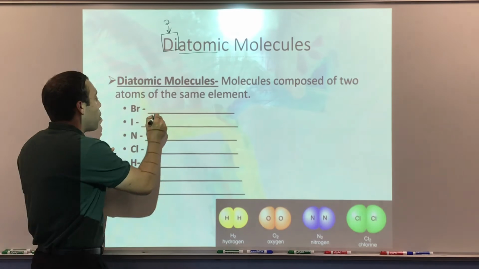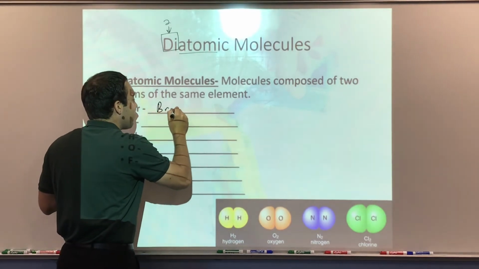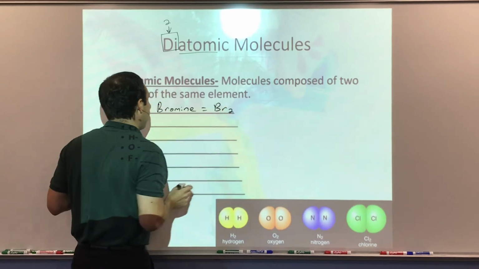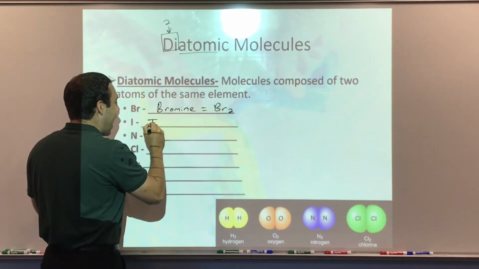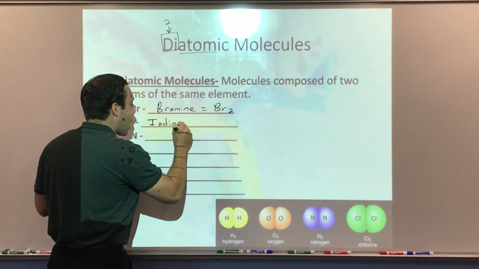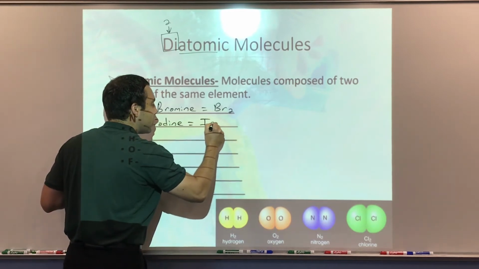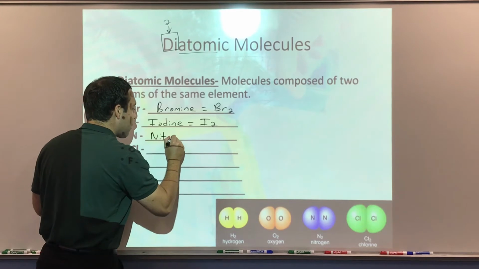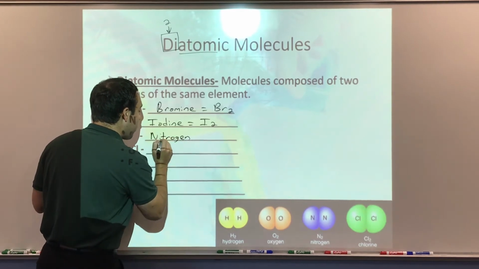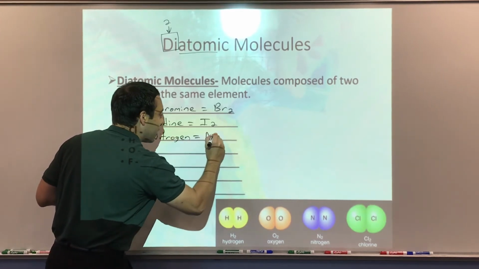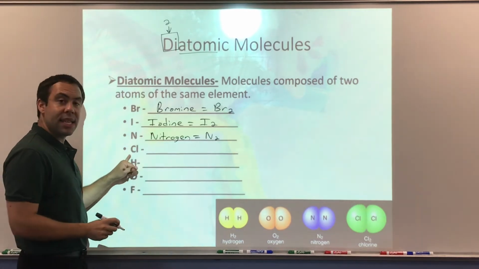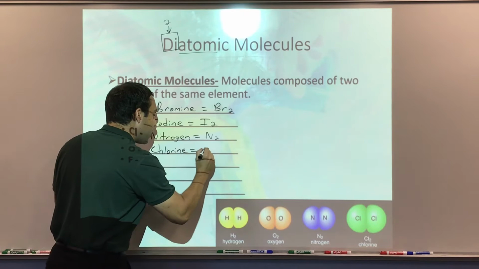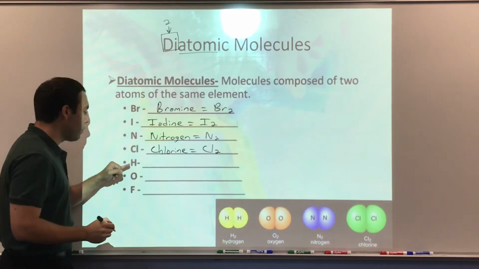Br, which stands for bromine, represented by Br2. I for iodine, represented by I2. N for nitrogen, represented by N2. Cl for chlorine, represented by Cl2.